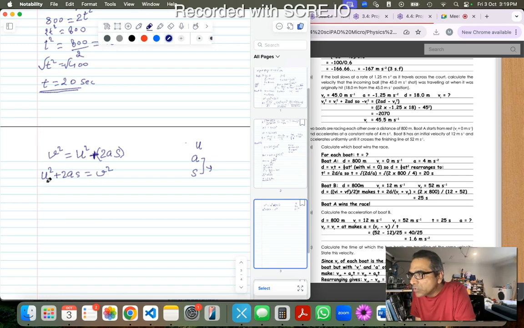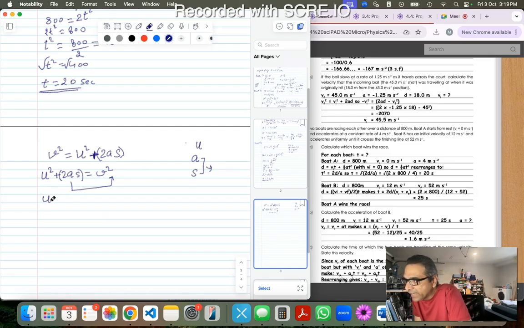Now u square plus 2as is a whole expression. It is positive, so if I take it around here, it will become negative.